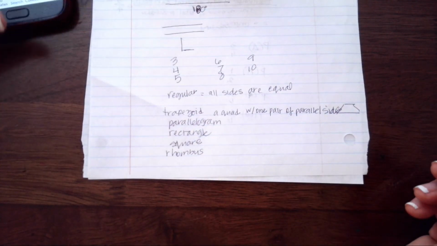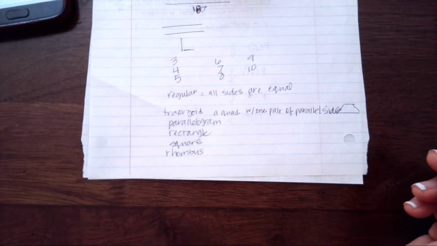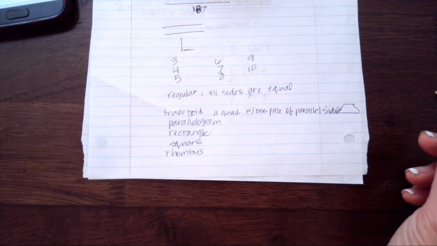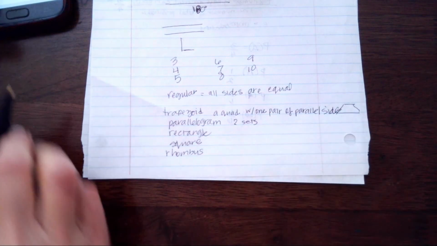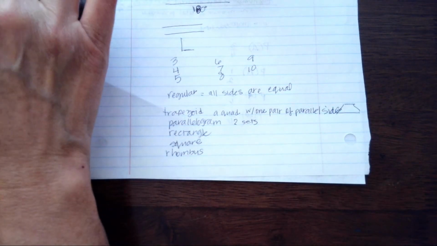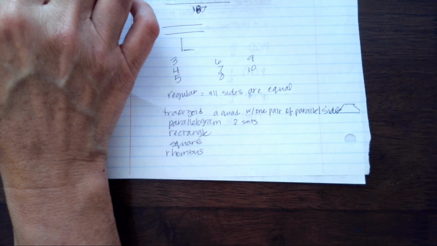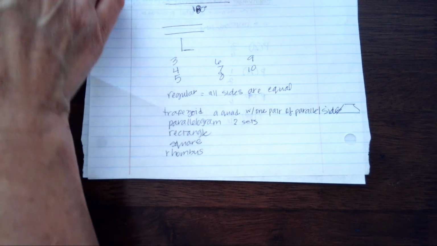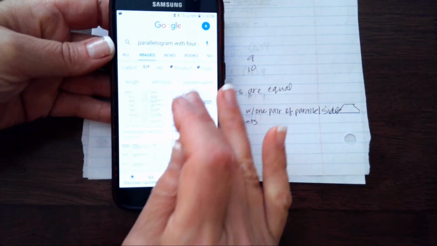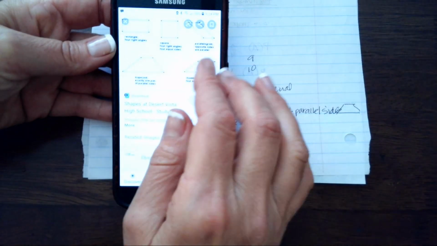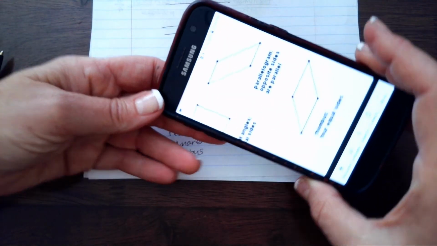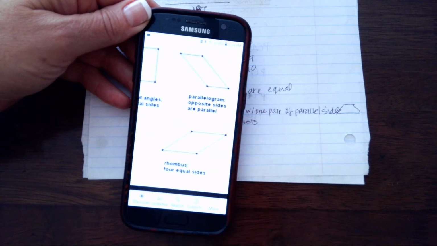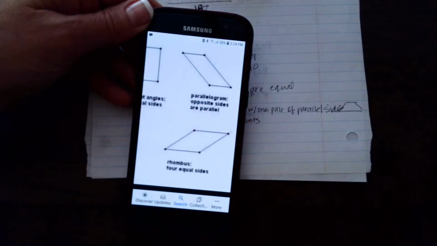and a parallelogram. So the definition of a parallelogram is a quadrilateral with 2 sets of equal sides. So a parallelogram has 2 sets of equal sides, like this. So that is a parallelogram. There we go.